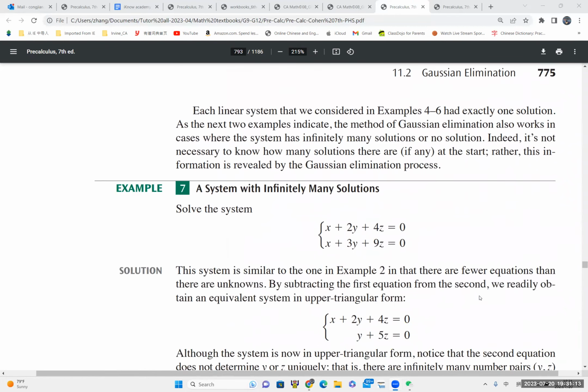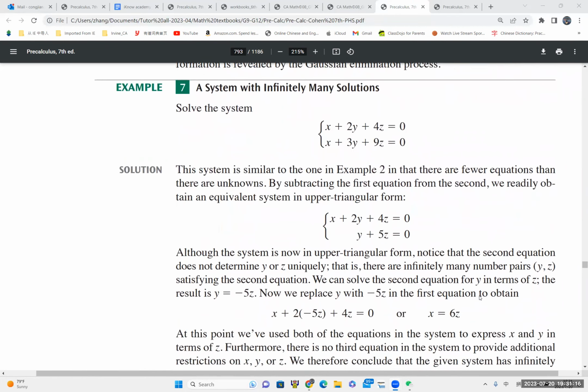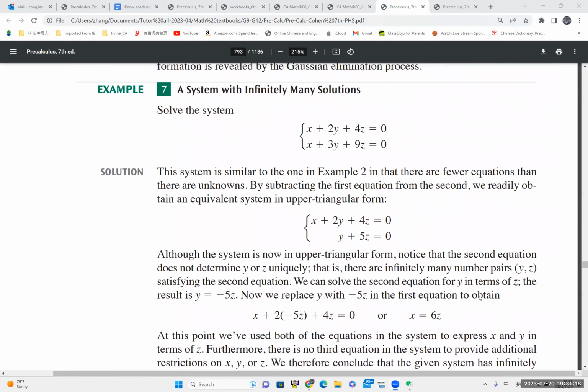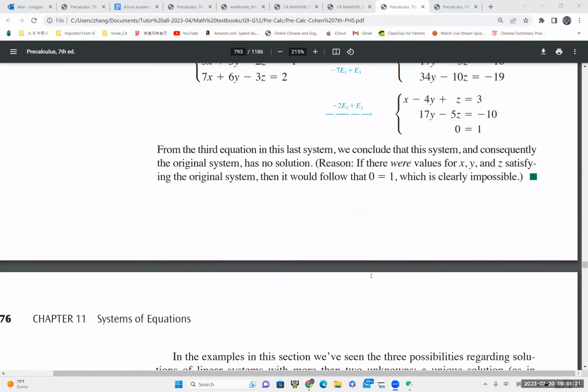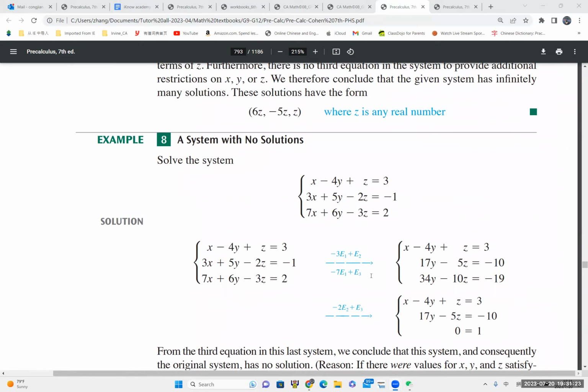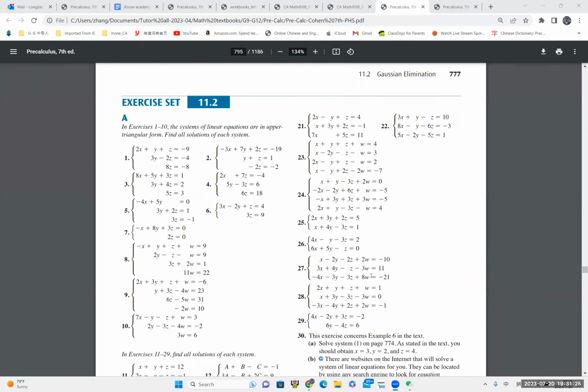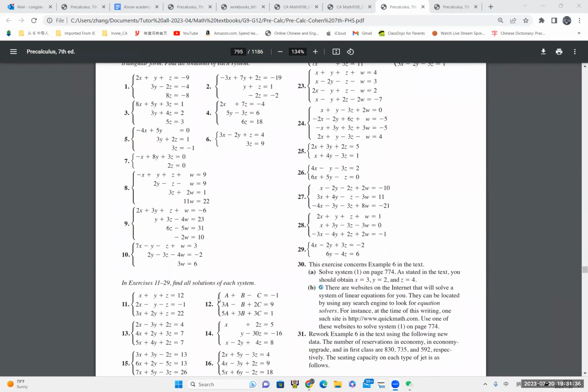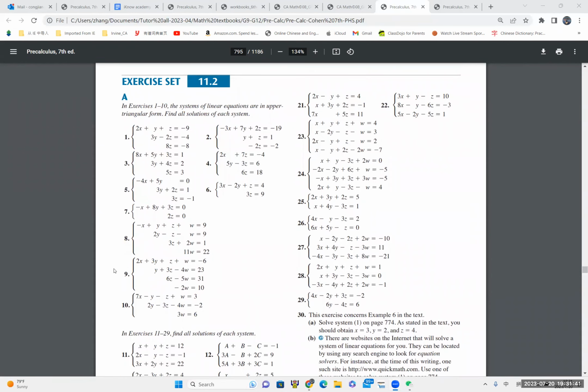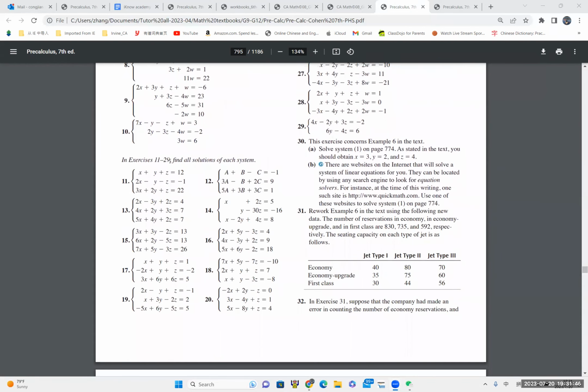With no solution. Yeah, let's try to do one exercise. We don't want one that's very complicated, which would be too time consuming. How about let's take one? Let me find one. Find all solutions of each system.